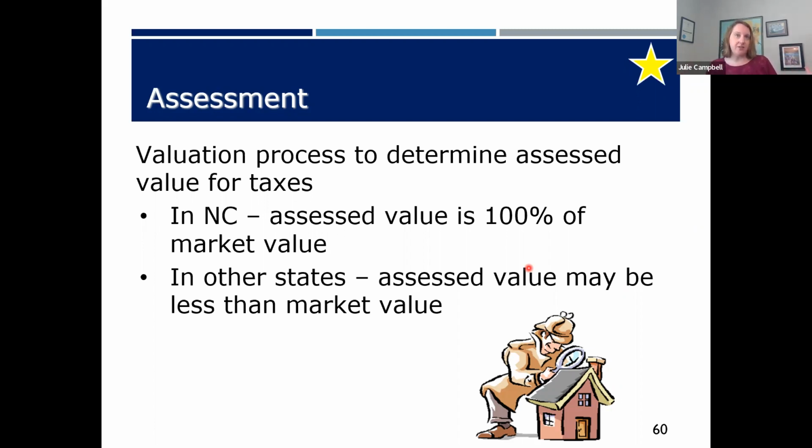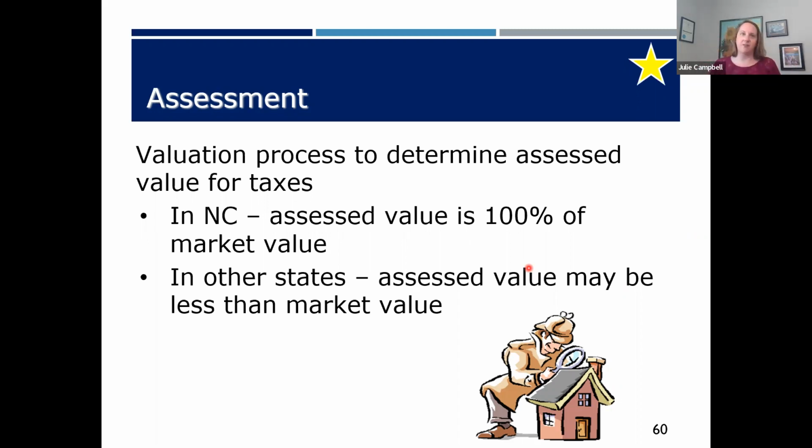And what I need you guys to do is always do what the problem tells you. If the problem tells you to use an assessed amount less than market value, please don't stand there and argue with the problem, saying but I'm in North Carolina, we do 100%. Just do what the problem tells you. Everybody good with that? Everybody hearing me?